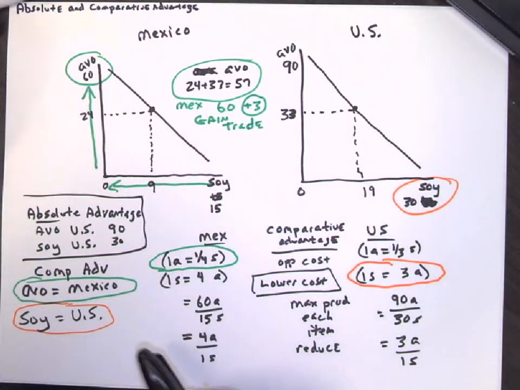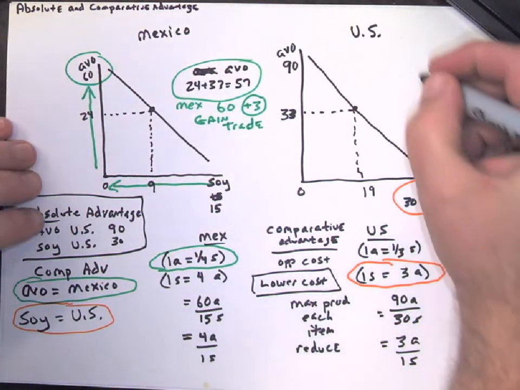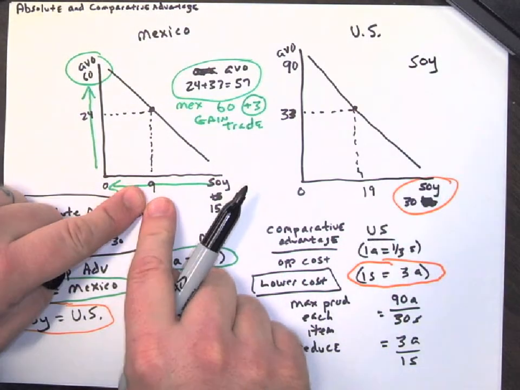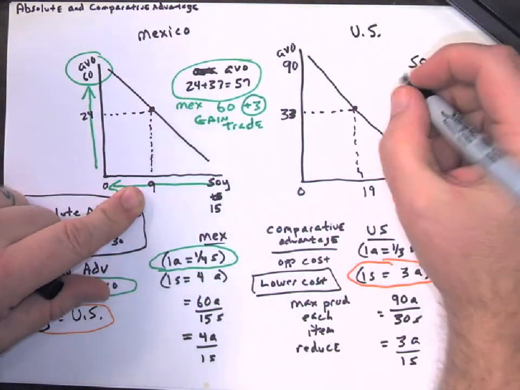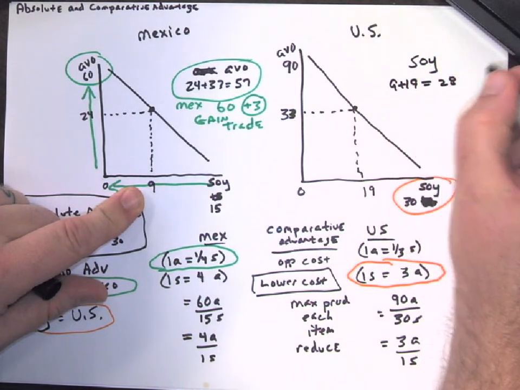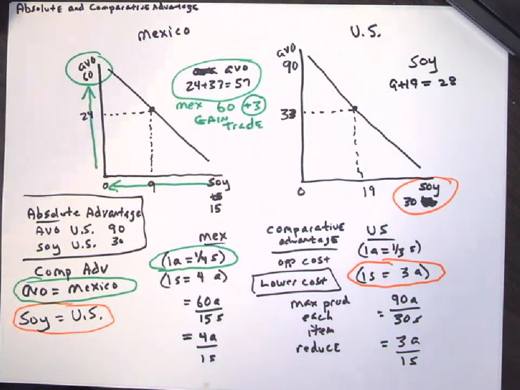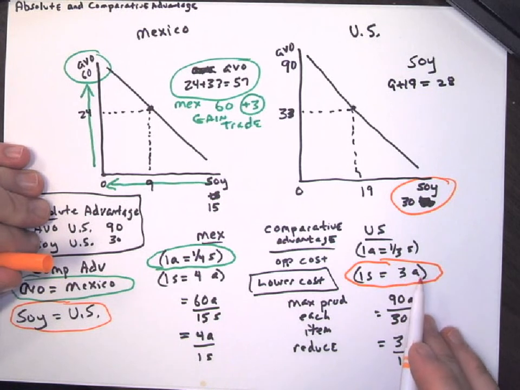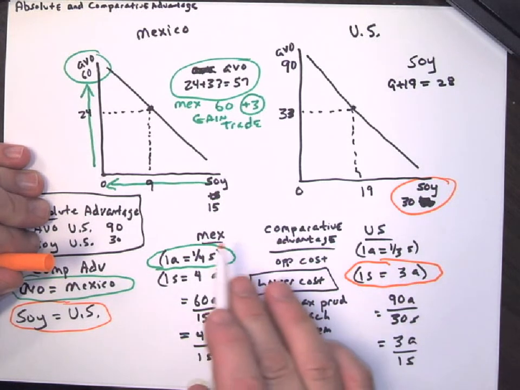So when it comes to gains of trade on soy, the world, Mexico is making 9, the United States is making 19. So 9 plus 19 equals 28. So now we solved over here that our comparative advantage, the United States should be making the soybeans because they make it more efficiently or more cheaply. 3 is less than 4.